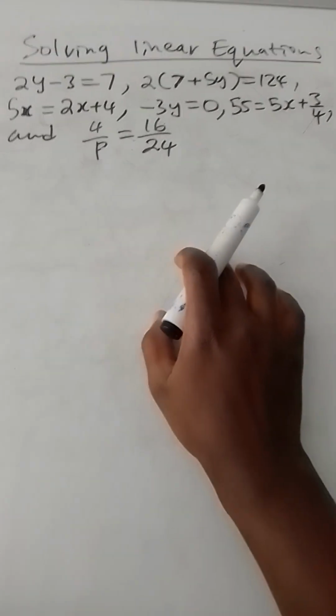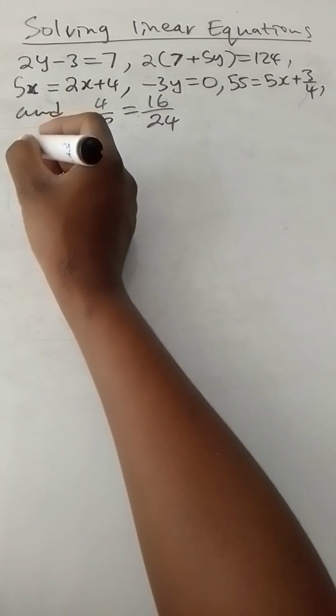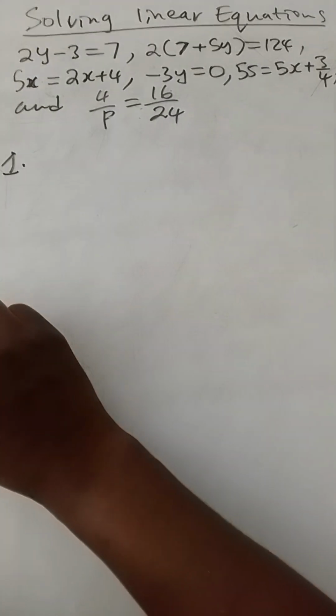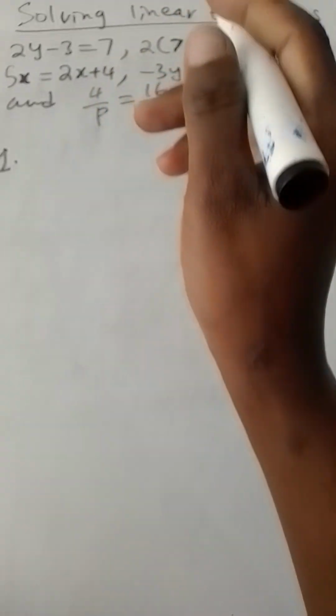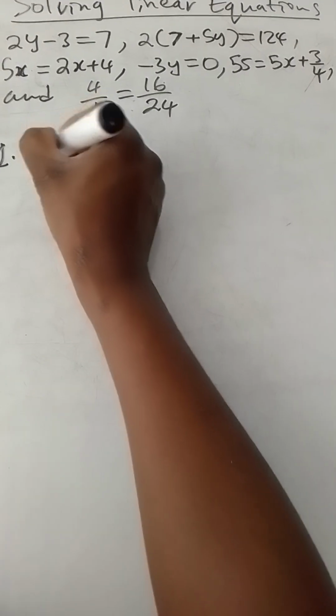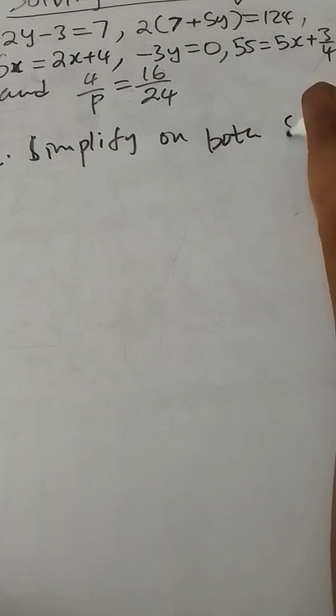Now, let's go on and solve the equations. In order to solve linear equations, the steps are not a lot. Step number 1 is to simplify on both sides.